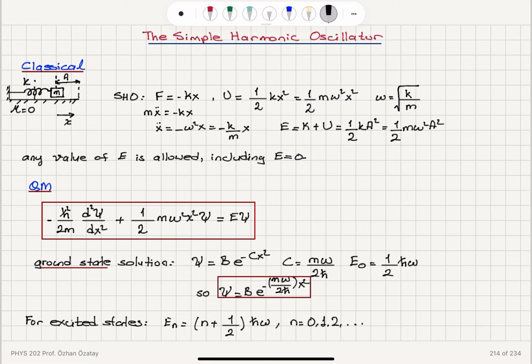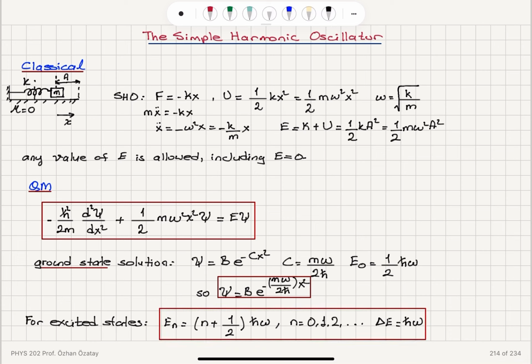It's an integer value, and you can see that the spacing between the energy levels, delta E, will be, for example, n equals 0 is h bar omega over 2, n equals 1 is 3/2 h bar omega, which means that the energy spacing is h bar omega. So energy levels are separated by h bar omega.